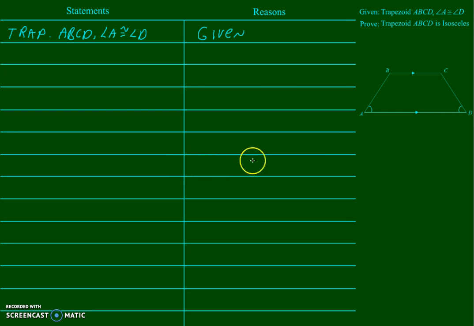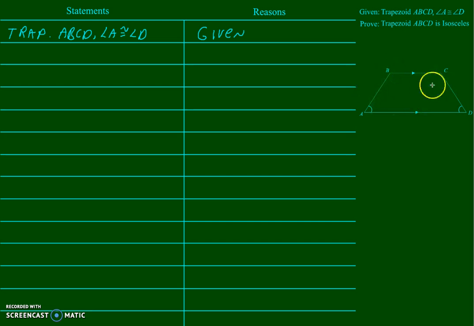Now the plan for this proof is to somehow show that AB is congruent to CD. The way I'm going to try and do that is I'm going to draw in an auxiliary segment, CE, that's parallel to AB. That will make AB congruent to CE because it's a parallelogram.